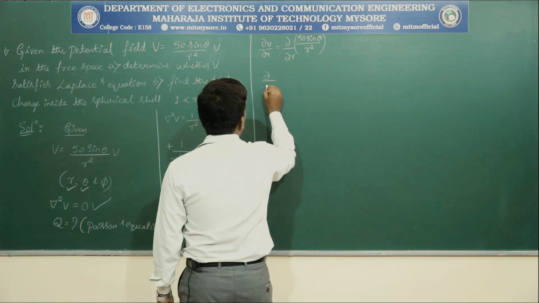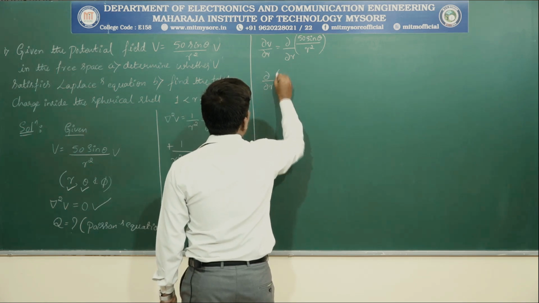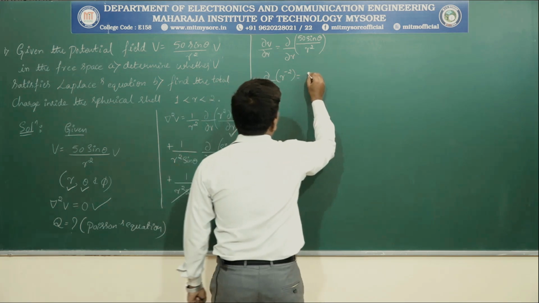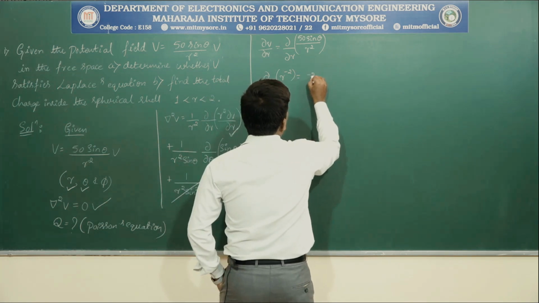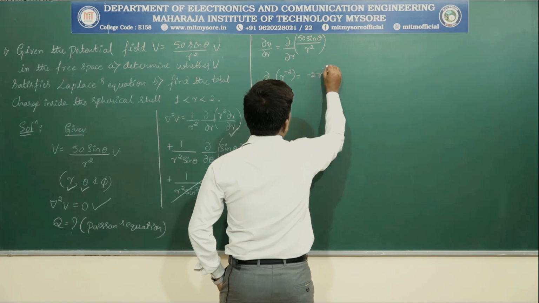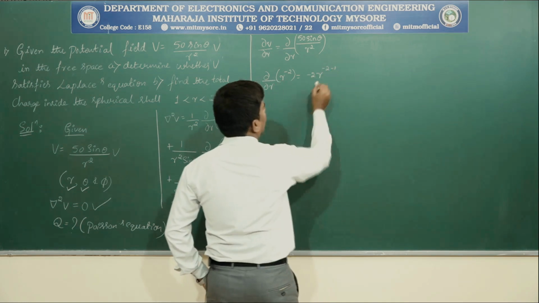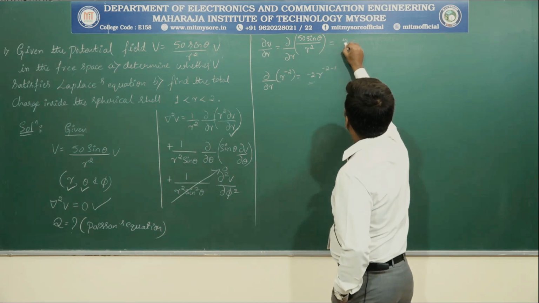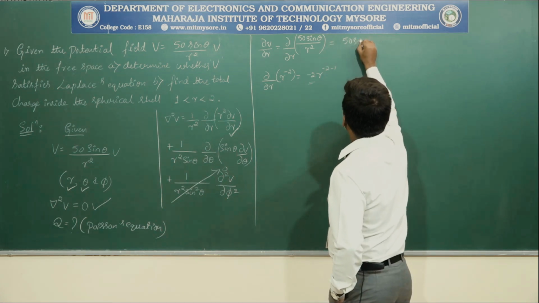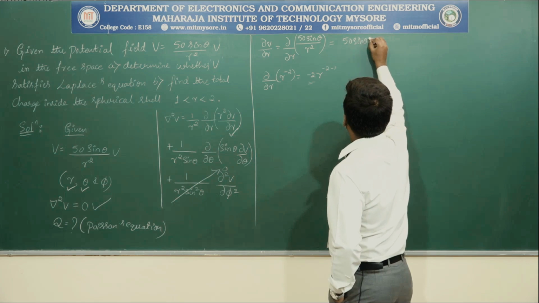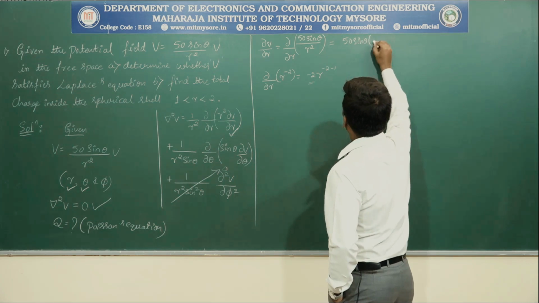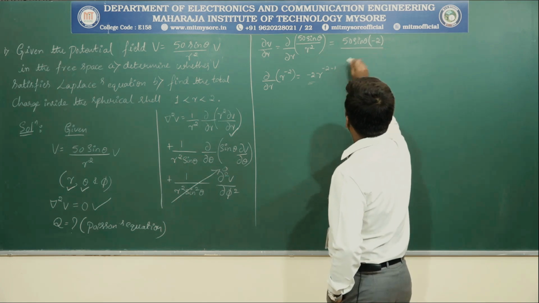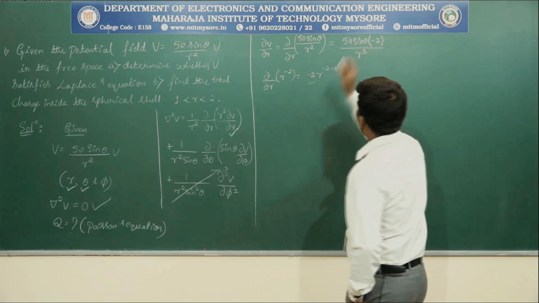Dou by dou r of 1 by r square can be written as r power minus 2. This gives minus 2 into r power minus 2 minus 1, right? So we can write it as 50 sin theta into minus 2 divided by r power minus 3, which can be written as r cube.